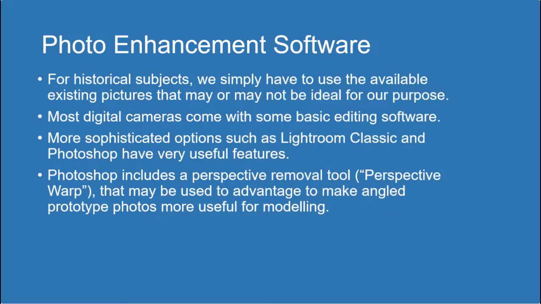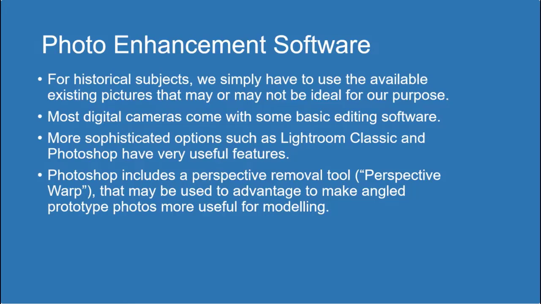So photo enhancement software, which we all pretty much have access to now, is very, very helpful for this type of work. For historical subjects, we simply have to use the available existing pictures that may or may not be ideal for our purpose.